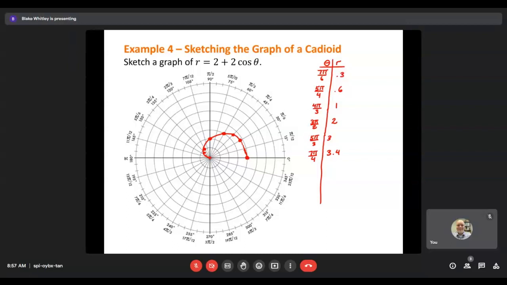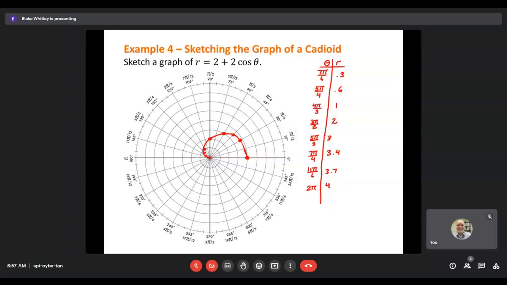And you may notice that we're starting to repeat some of those same values that we had before, but this actually isn't going to give us the exact same points we had. So now we get 3.7. And then back to 2 pi should give us 4. Okay.